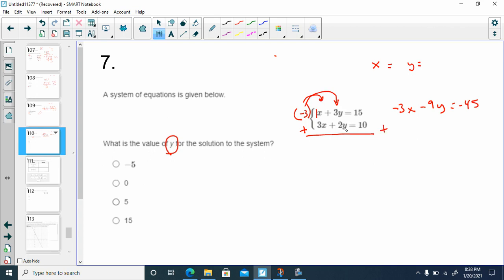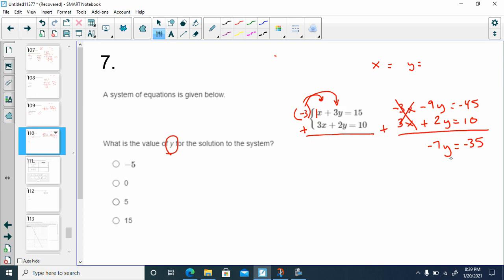Okay, and then we're adding. Don't forget, we're always adding if we're trying to do elimination. 3x plus 2y is equal to 10. Negative 3x plus 3x gives me 0. That eliminates the x. Negative 9y plus 2y gives me negative 7y.